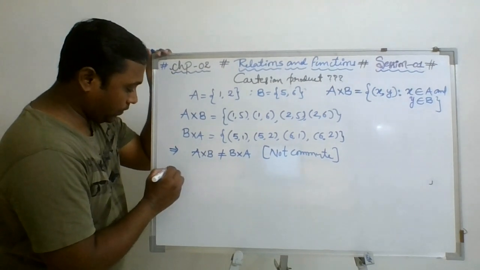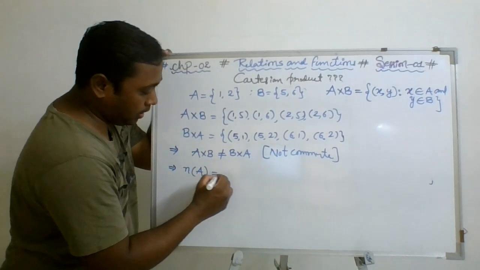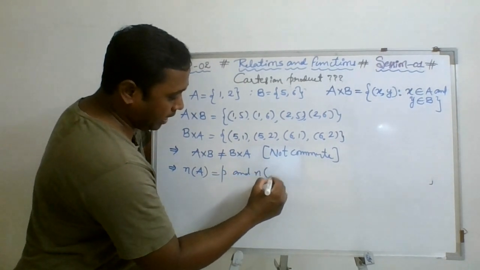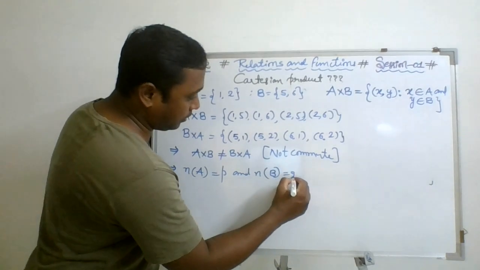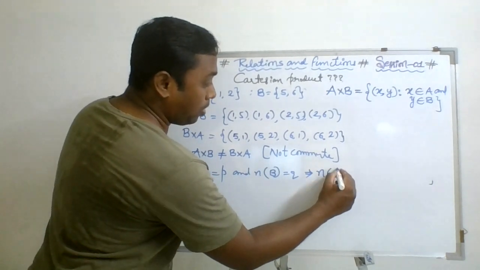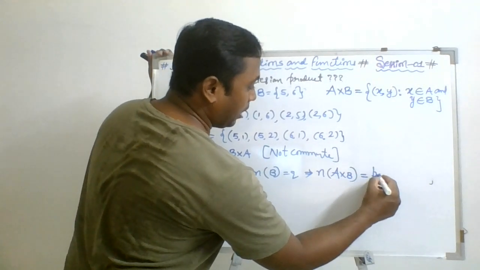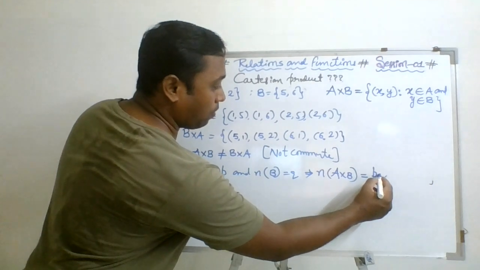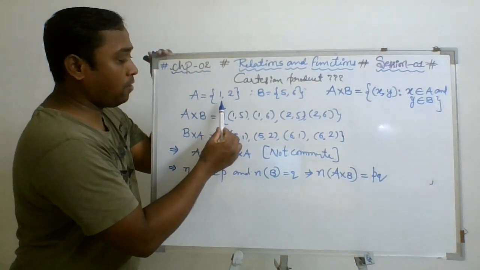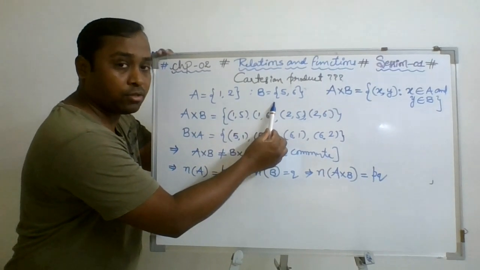The second is, number of elements in set A is P and the number of elements in set B is Q, which implies that number of elements in the Cartesian product is simply the product of the number of elements, PQ. You can see here the number of elements in set A is 2, number of elements in set B is 2.